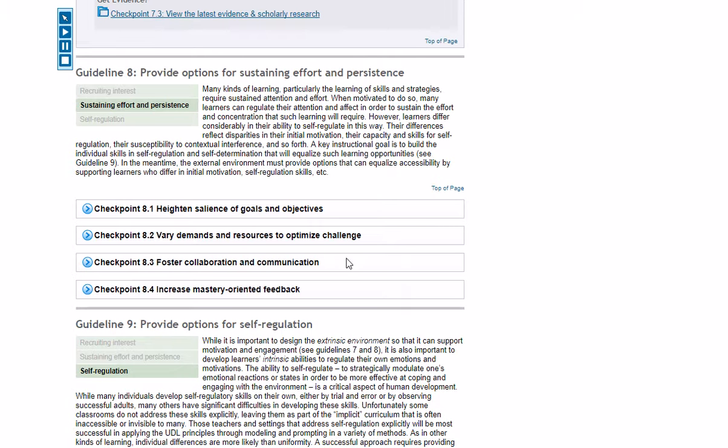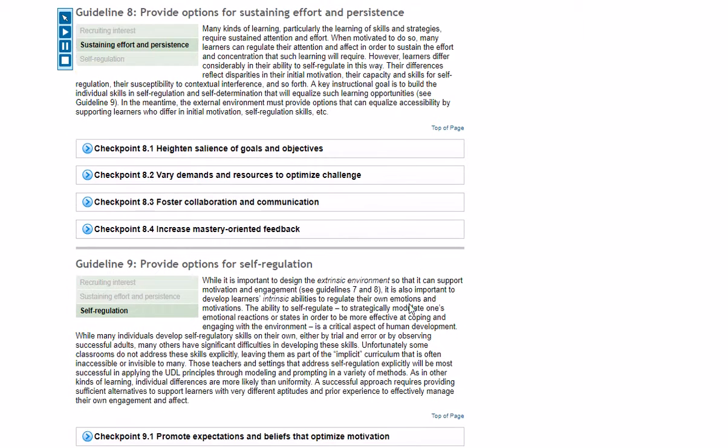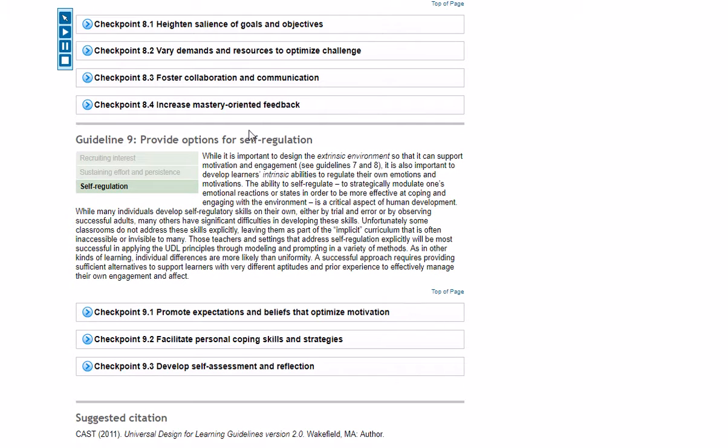To foster collaboration and communication, so that the students can work with each other. It could be that how another student explains something is better understood by one student than how you've presented it, to allow them to talk with each other and work it out, and you can then monitor that and make sure that they are staying on the right path. And to orient your feedback towards mastery.